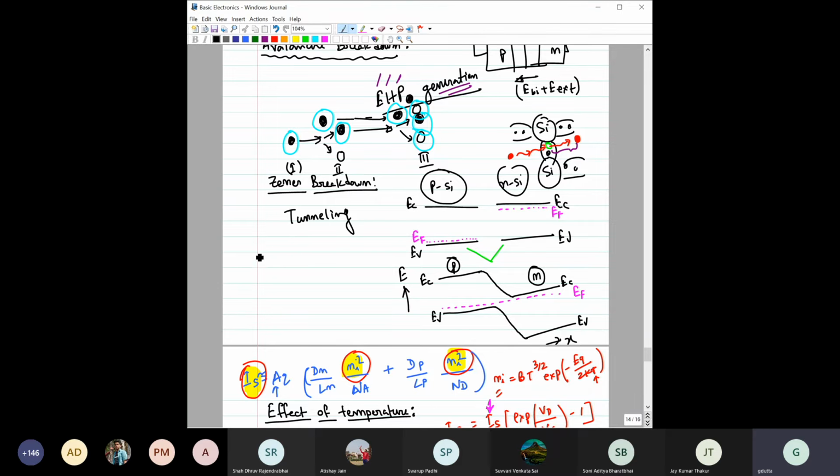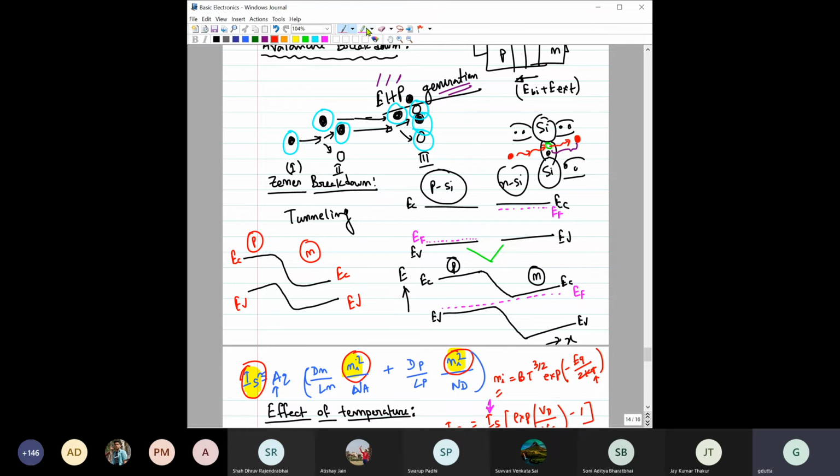Now in a Zener diode, the band diagram would look something like this, a bit more complicated. Here you can see this is EC, this is EV. So you can understand this is the P side and this is the N side.